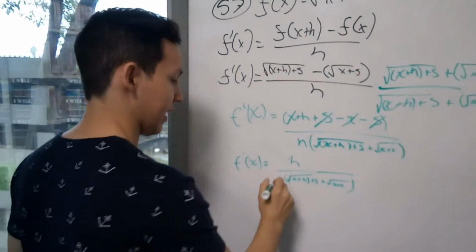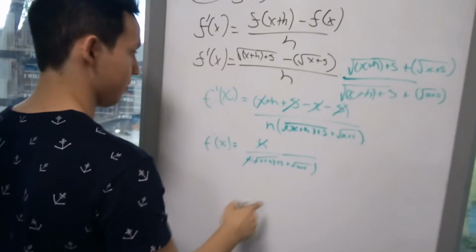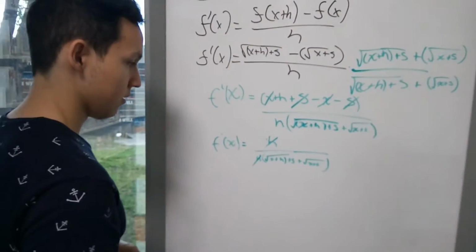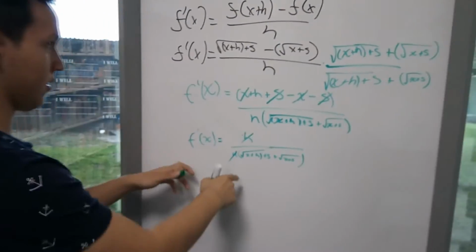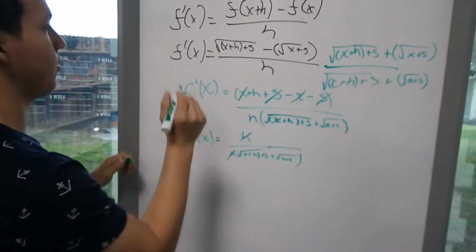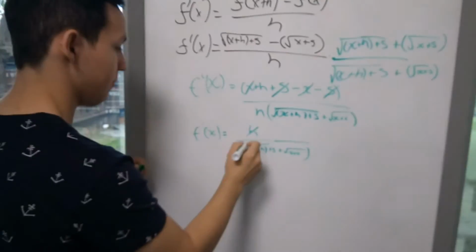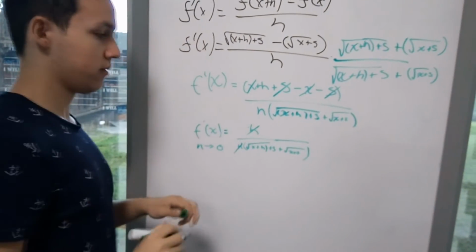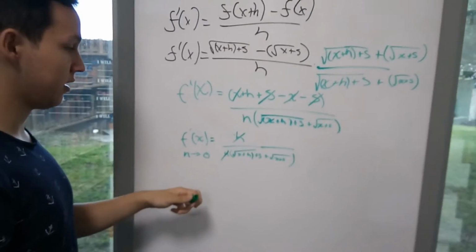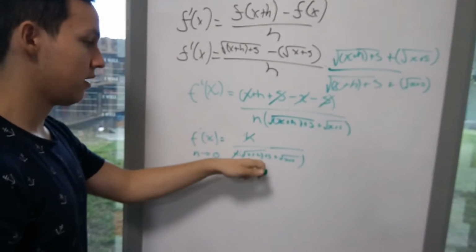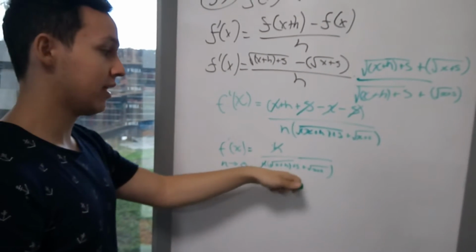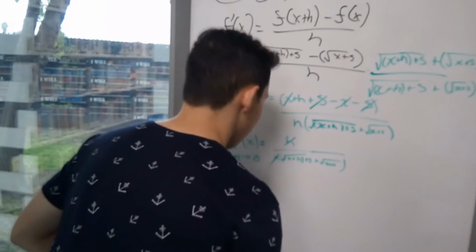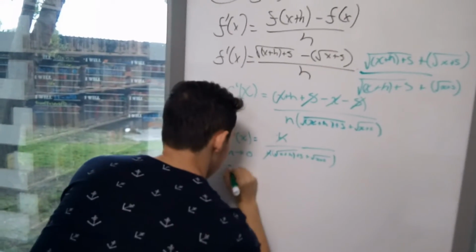And here you can simply cancel both h's and solve this one. So the complete function would be its limit while h approaches 0. So what we need to do here is replace the h with a 0 and begin to solve the final function.